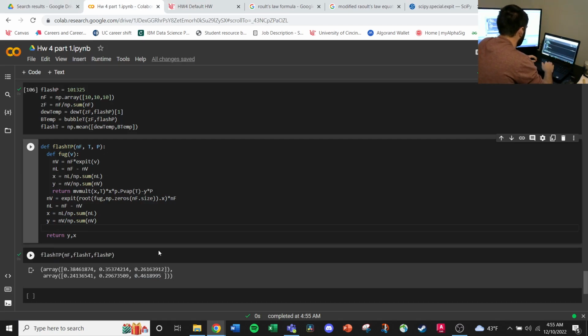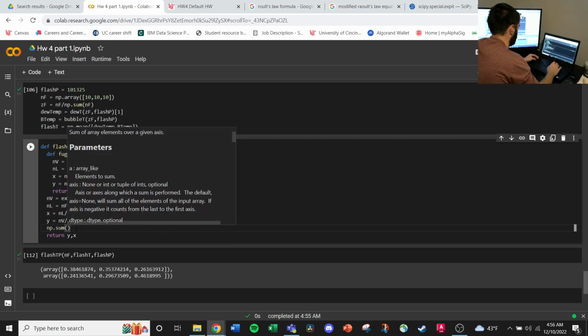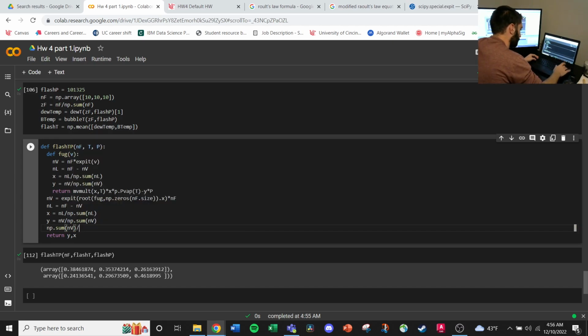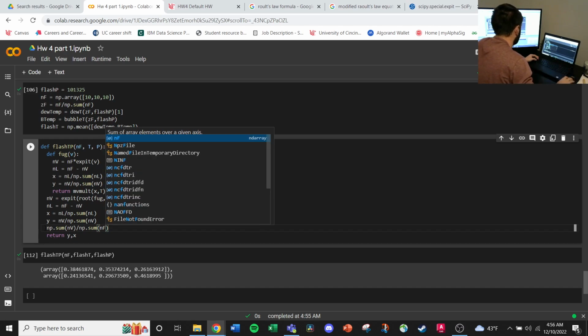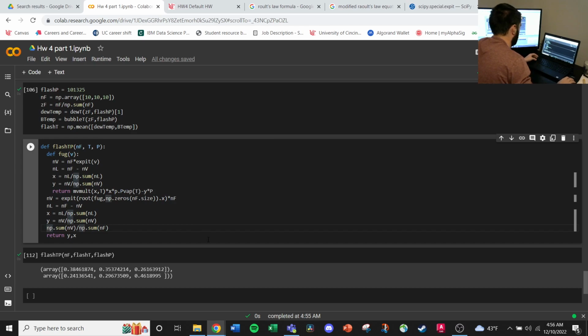If we remember, NV, NL, and NF are still based on component, so if we want the total percent vaporized, we just do NP dot sum of our vapor, divided by NP dot sum of our feed, and this will give us percent of the feed that's vaporized.